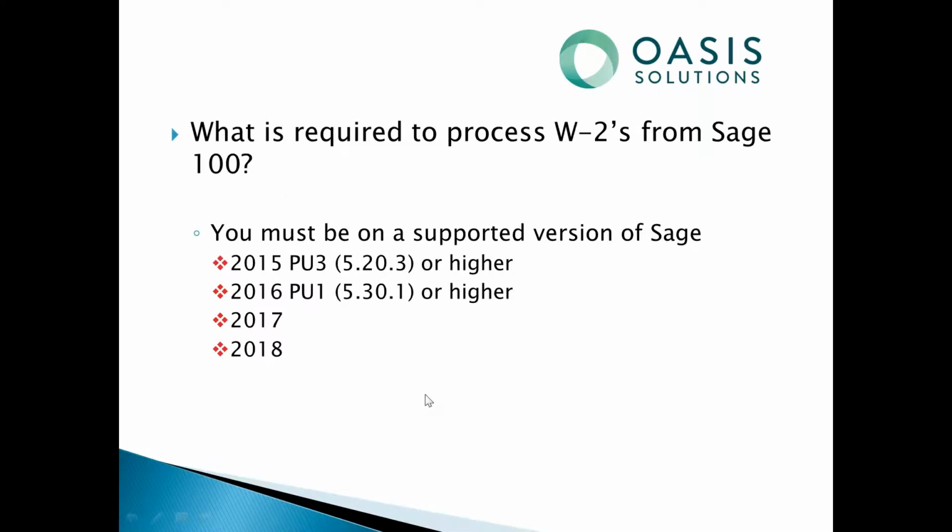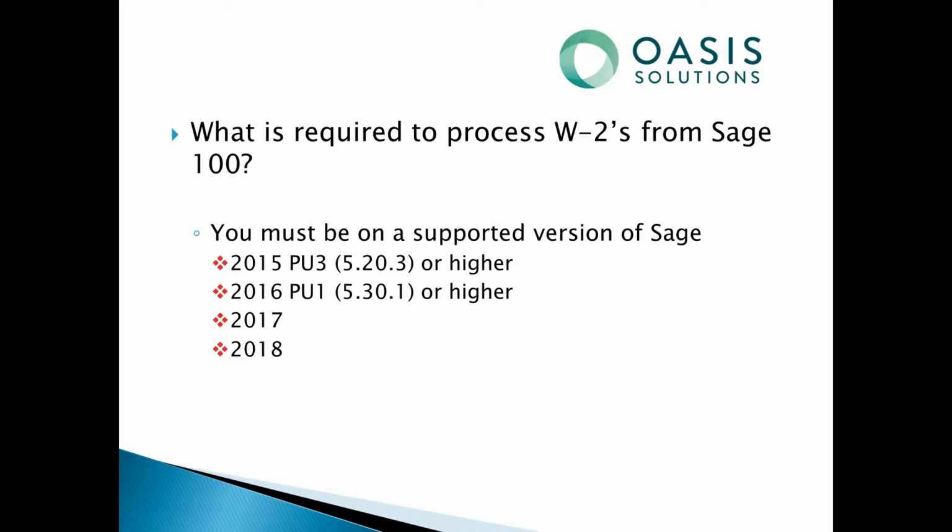So the first thing that I want to talk about is, as far as year-end is concerned, in order to be able to install the tax table updates that will come out at the end of the year, or to install the IRD, which is the interim release download, you have to be on a supported version of Sage.